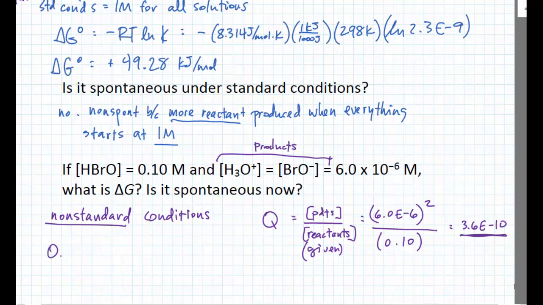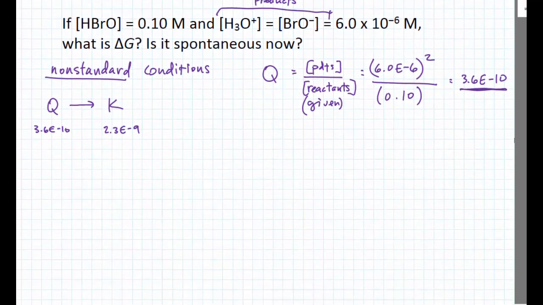So we go from Q, 3.6 e minus 10, to whatever K was, 2.3 e minus 9. Let's just hold that off to the side.